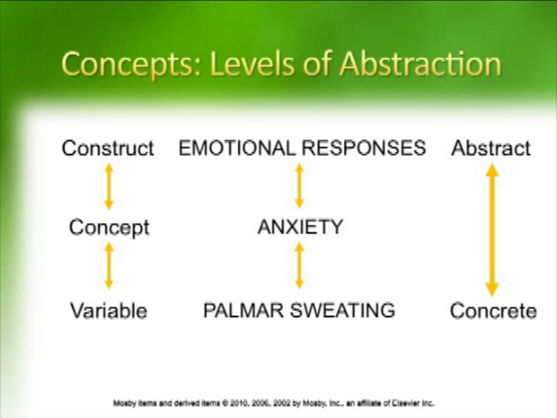Whereas when we look at it as a variable, it's how are we going to measure this anxiety? And we can do it by measuring the sweat on your palm. So as you can see, it goes from the abstract level, which is the construct, down to the variable, which is very concrete.